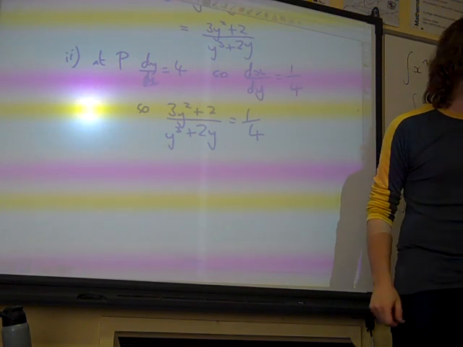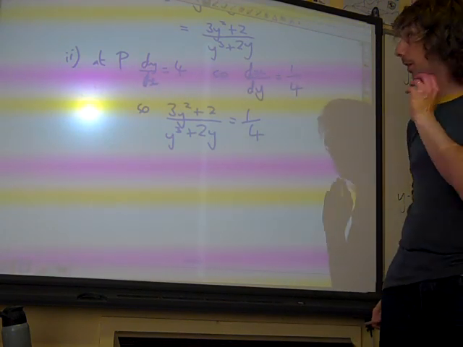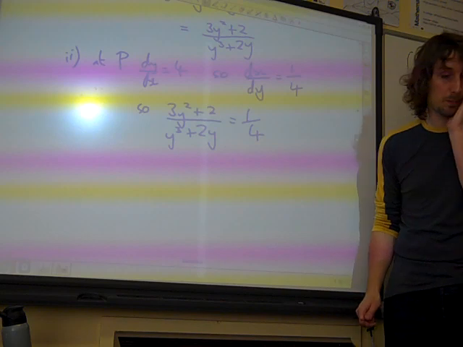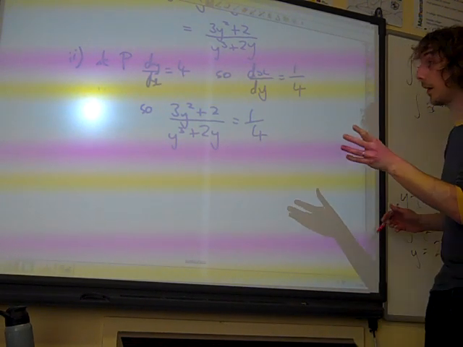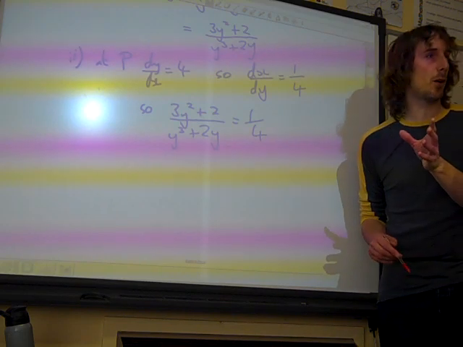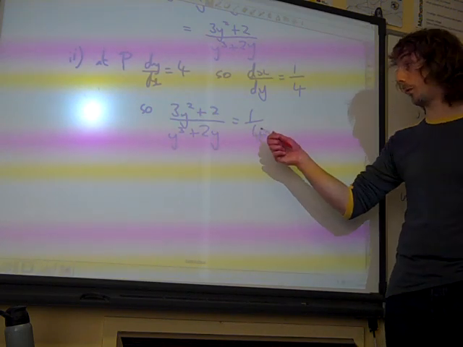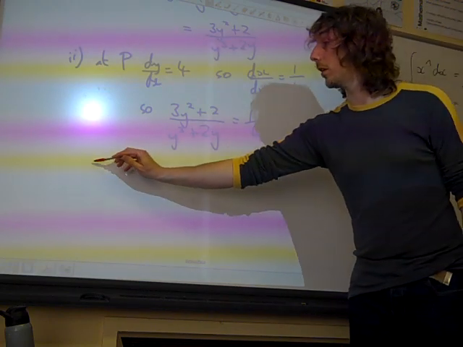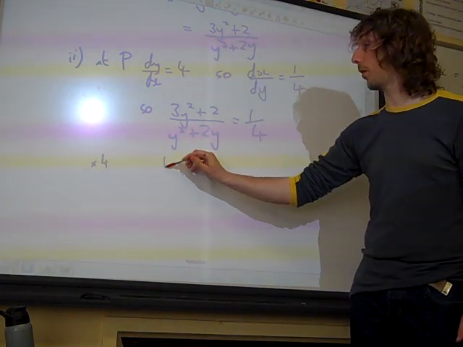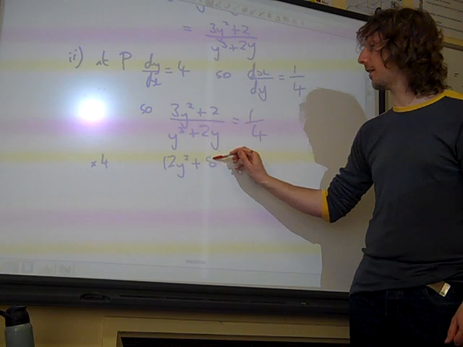Now we do at least know where we're heading towards with this. So how can we play around with this? Well, we noticed the answer's got a 12y squared and an 8 on the top of it. So it's pretty clear we want to multiply by that 4 to get rid of that. So let's do that first. If we multiply both sides by 4, we've got 12y squared plus 8 up there.